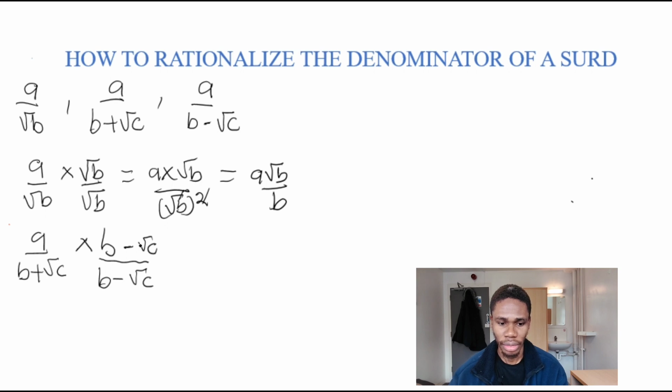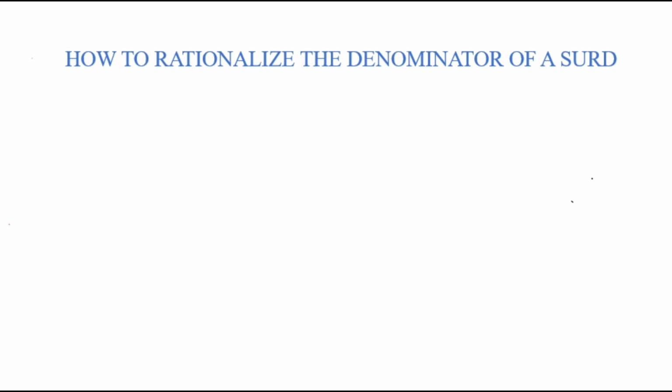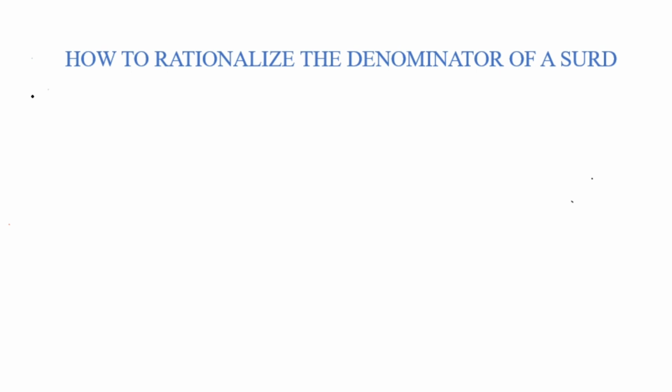Multiply the numerator by the numerator, which gives a times b minus square root of c, all divided by b plus square root of c times b minus square root of c. Rewriting it gives us a into b minus square root of c, all divided by b plus square root of c multiplying b minus square root of c.